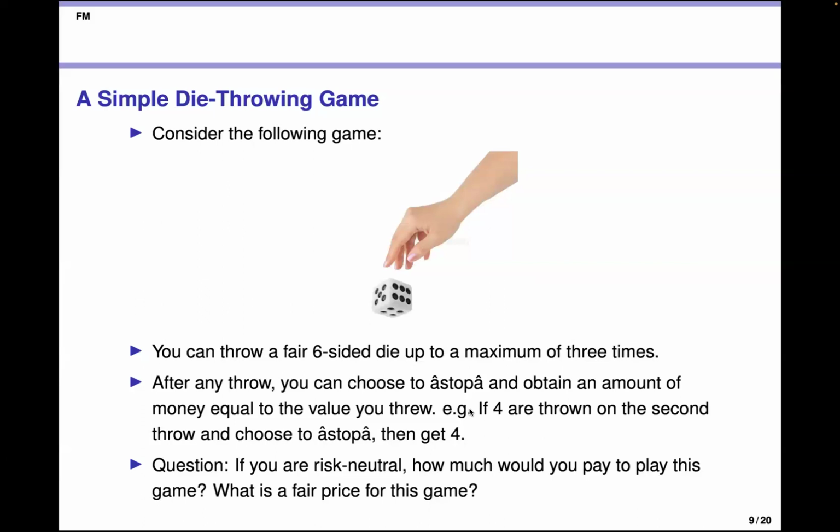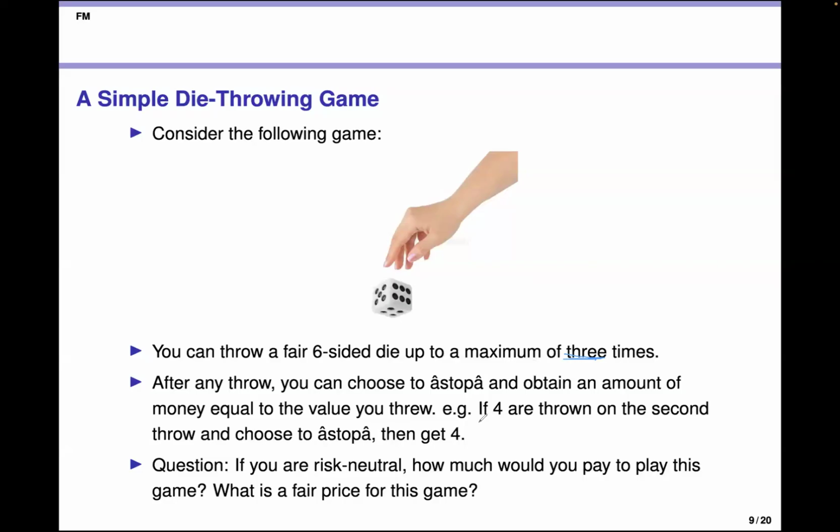And if the third time it is, for example, again 1, you don't need to say anything because it's the end of the game, because you have only three attempts. But if the first time was 4, you could say stop and get 4 thousand or 400.